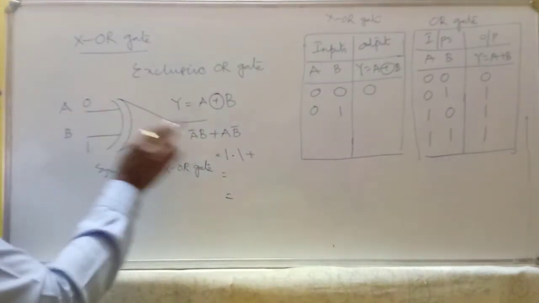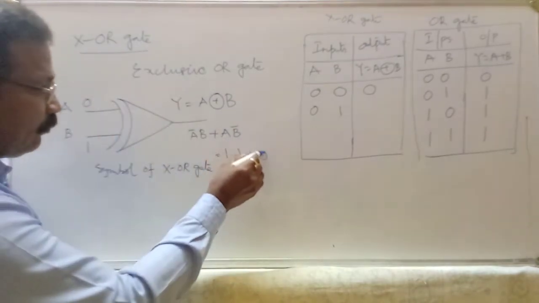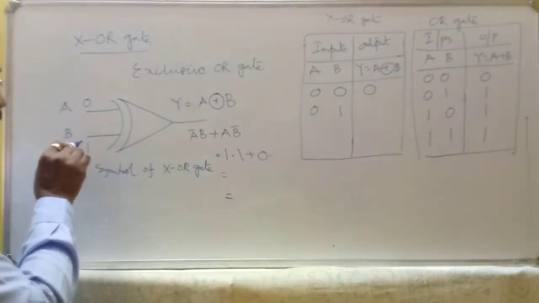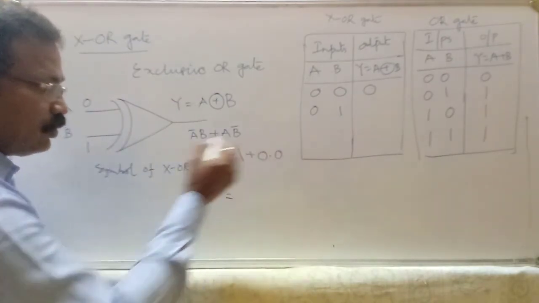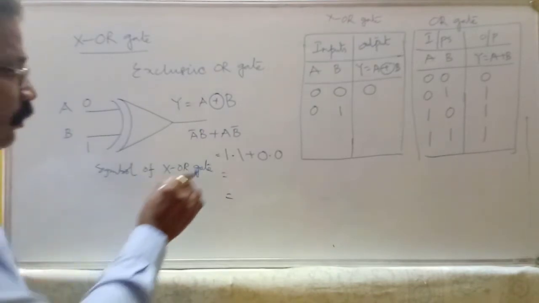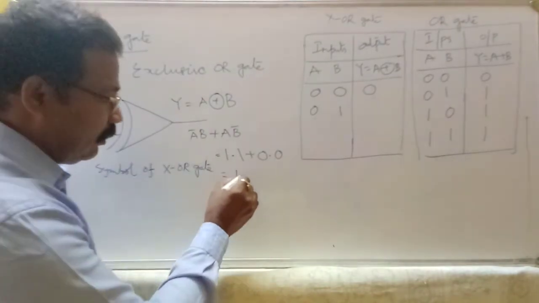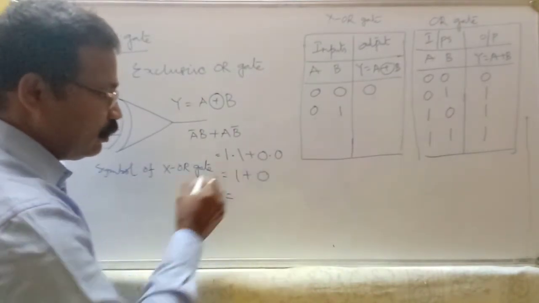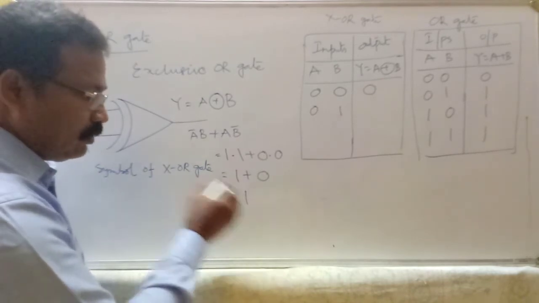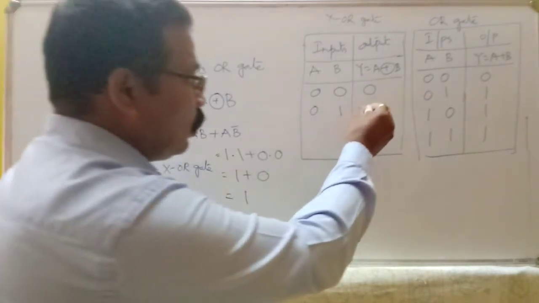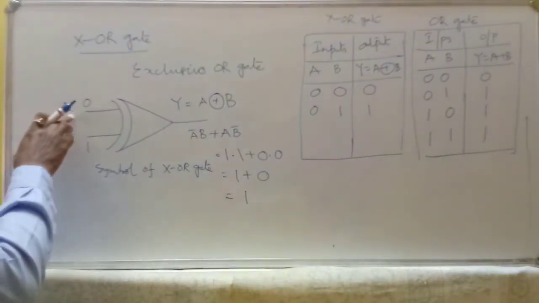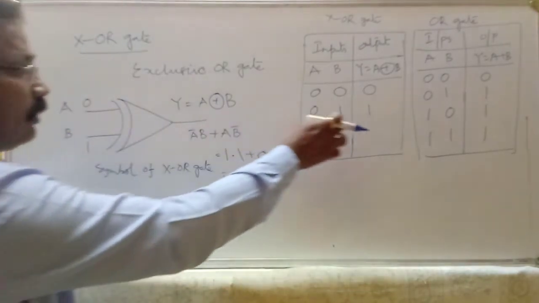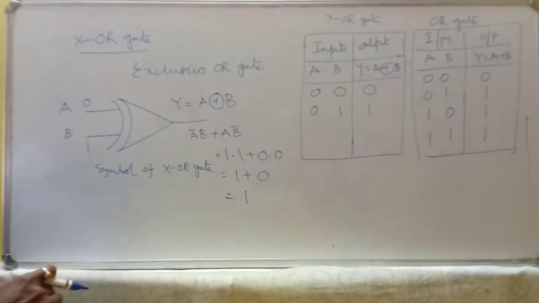Plus A, which is 0, into B bar: 1 bar means 0. 1 into 1 is 1, plus 0 into 0 is 0. 1 plus 0 is equal to 1. So, when A is equal to 0 and B is equal to 1, the output is 1.